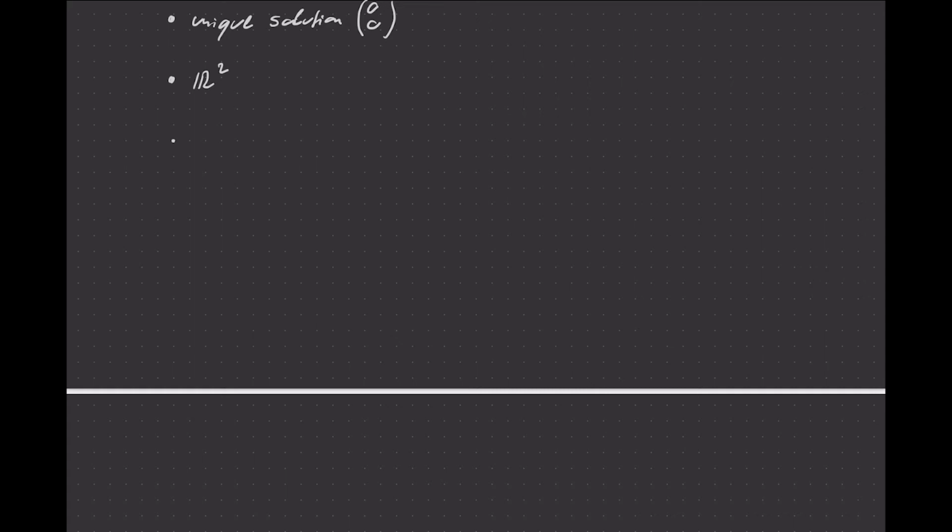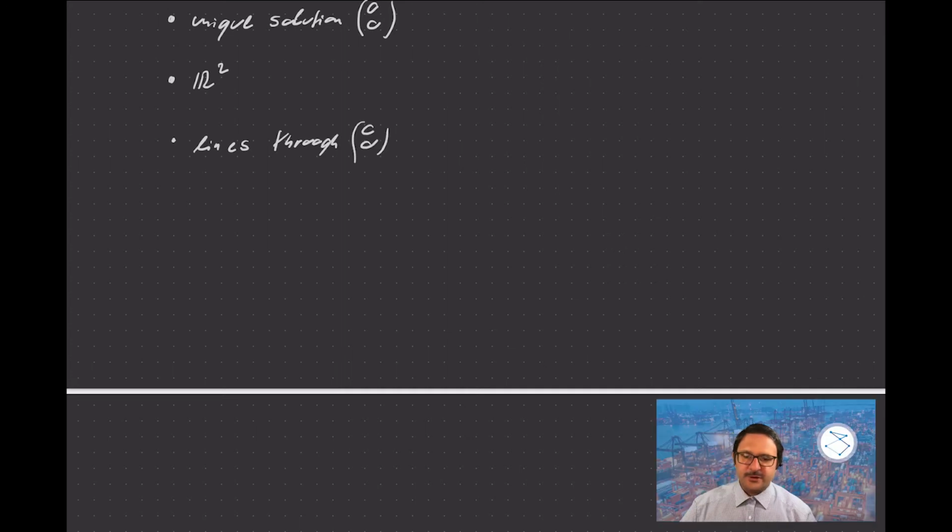And then there's one case in between. And that is linear subspaces that are smaller than R2, but larger than just one point. In R2, there's only one kind of subspace with that property, and that is any line through the origin. So those are the only solution spaces that can occur for two variables.